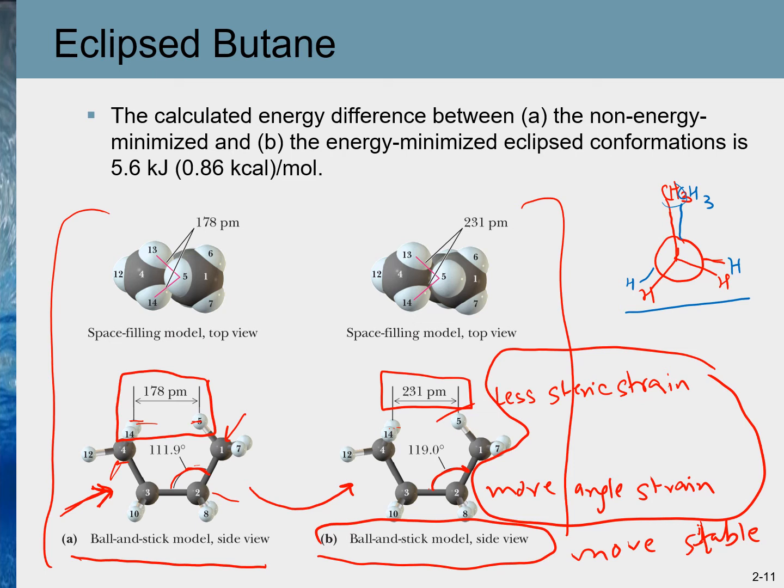By adopting the larger angle geometry in eclipsed, the molecule becomes more stable, and this energy of stabilization is 5.6 kilojoules per mole.